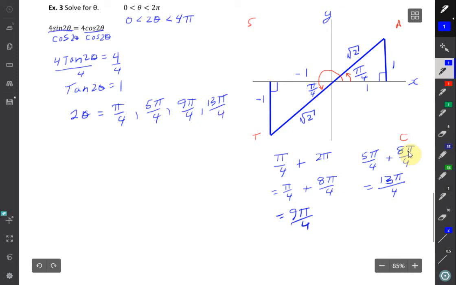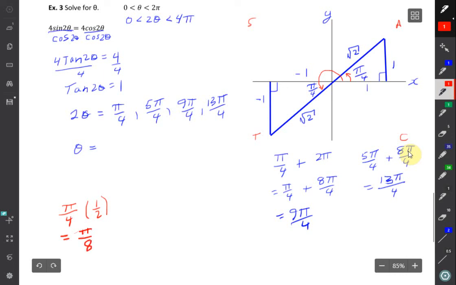And then I'm really looking for theta, so once again, I need to divide everything by 2. Now keep in mind that when you're dividing by 2, that's the same as multiplying by a half. I'll do the first one written down here so you can make sure that you understand it. But other than that, we'll just go ahead and complete the rest without writing them down. So this ends up being pi by 8, right?